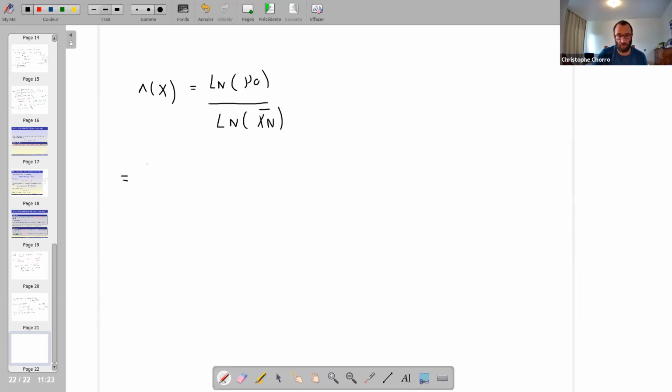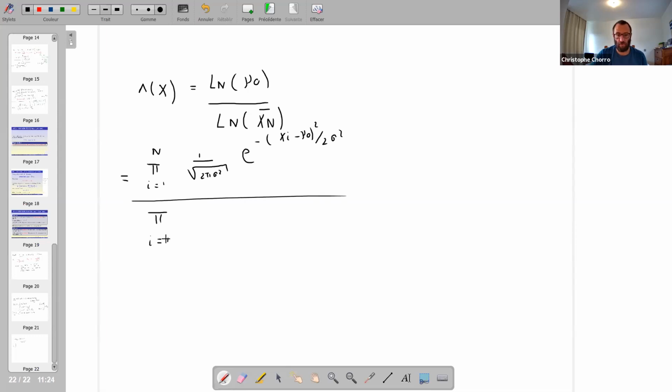Here I have a product from i equal to 1 to n of 1 over the square root of 2 pi sigma square times exponential minus (xi minus mu 0)^2 over 2 sigma square, over the product from i equal to 1 to n of 1 over the square root of 2 pi sigma square.